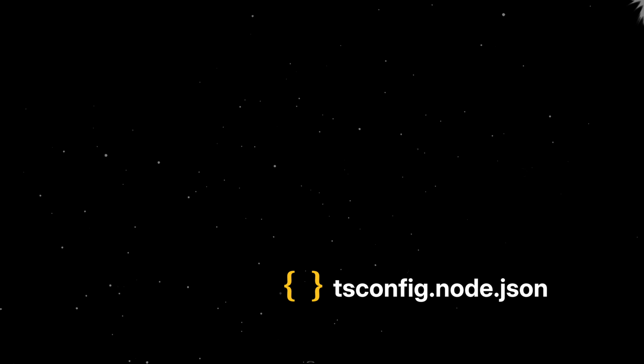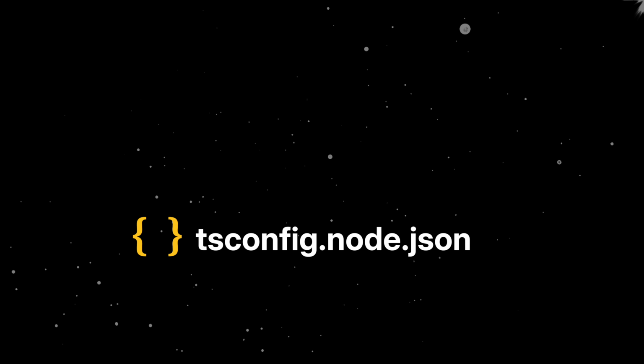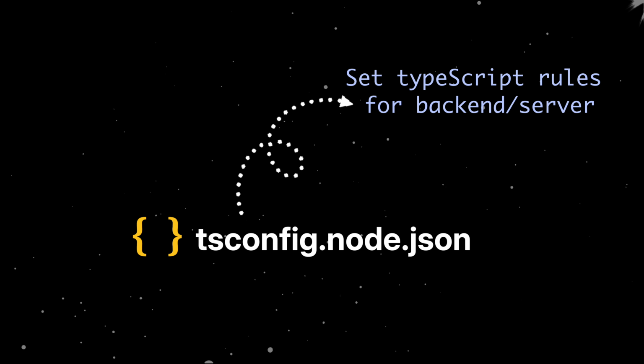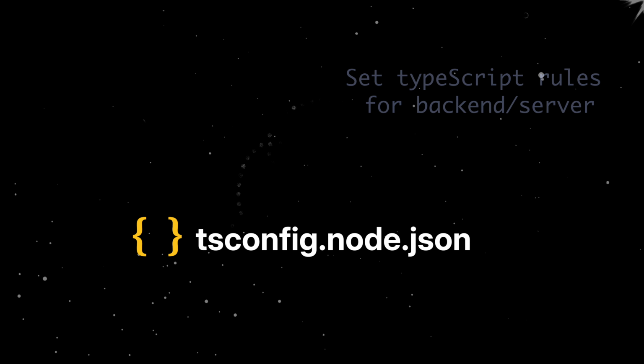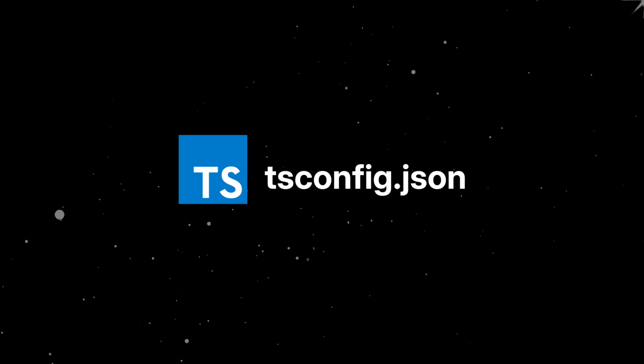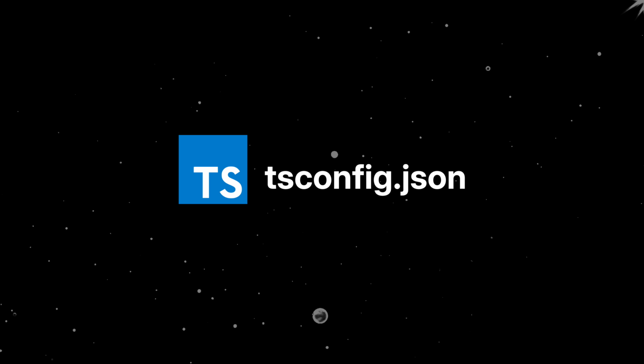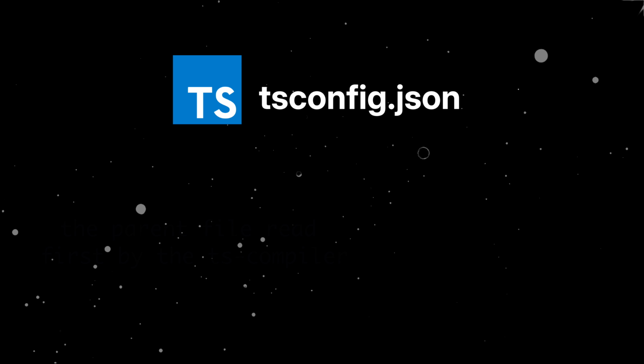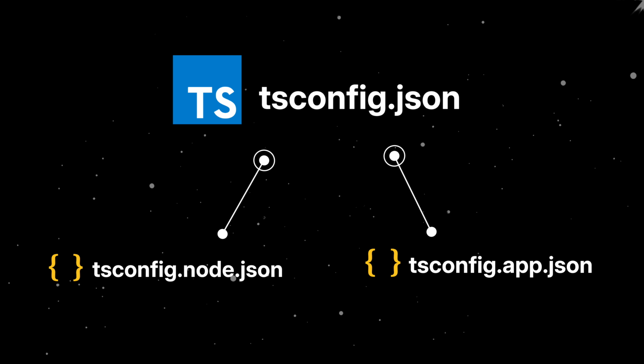Then we have the tsconfig.node.json file, which sets the rules for the backend side or the logic that runs exclusively on the server. And finally, we have the tsconfig.json file, which is the parent file that is read first by the TS compiler. It holds references to the other two files.